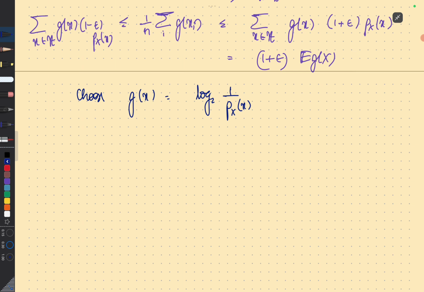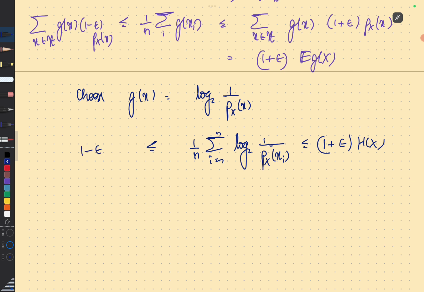Then what do we get? 1 over n summation i equal to 1 to n log 1 over px of xi. What is the expected value of g of x? It's equal to the entropy, right? So this is less than or equal to 1 plus epsilon times the entropy, and greater than or equal to 1 minus epsilon times the entropy.